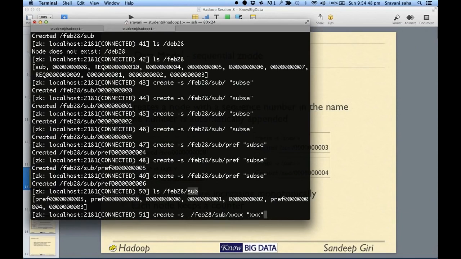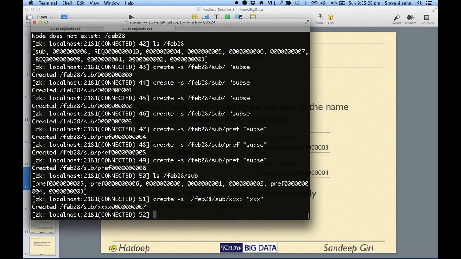Next sequential node created under sub is going to be 7, and that's what we are saying here. We are saying create a node with the prefix xxx under this particular parent node. So you can see that it has created a node called 7.